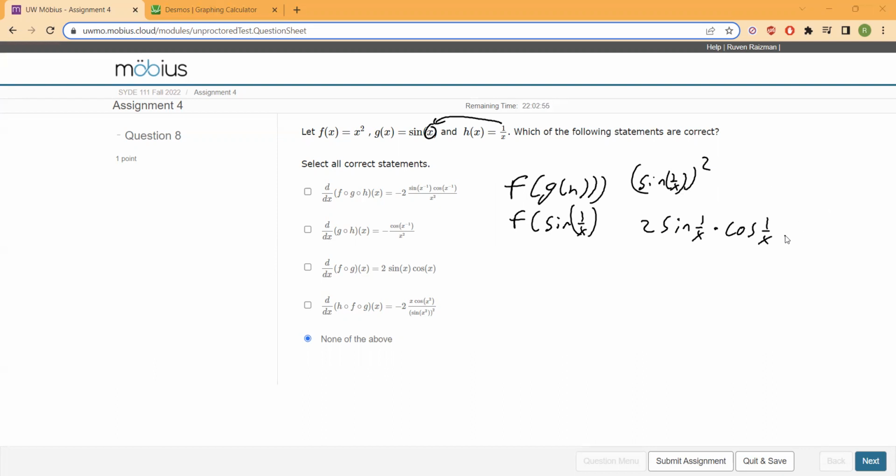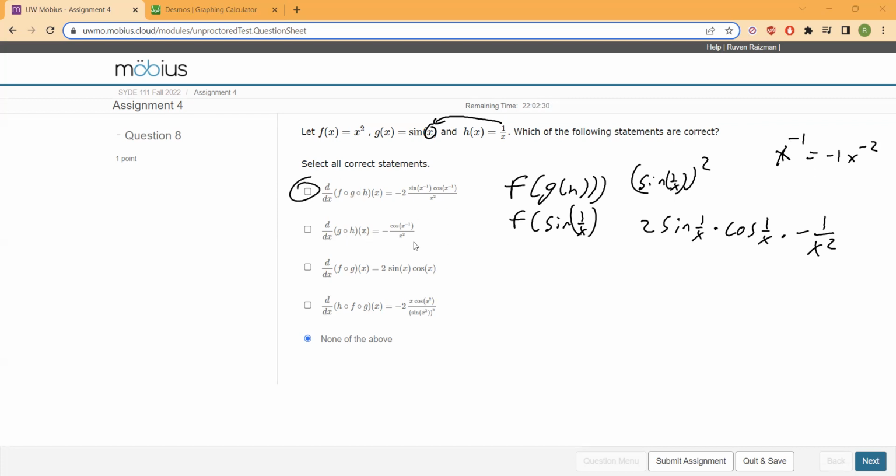To be more precise, if we bring out the -1, it's negative 1 over x squared, because x to the power of -1 gives -1 times x to the power of -2. So here we actually get it, so this one works.